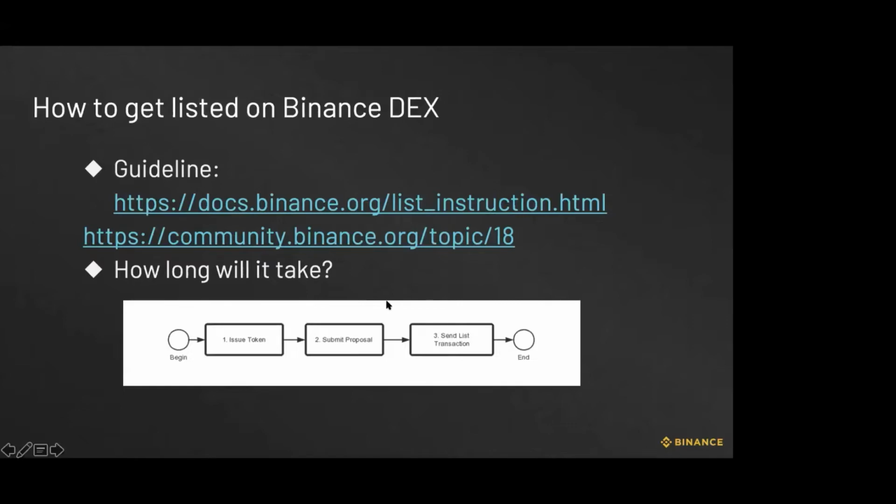After the validators review it, they will vote for your proposal on the blockchain, and then you can see how many votes you get. After your proposal is passed, you can finally send the list transaction, and after that your token is listed against the BNB on Binance DEX.